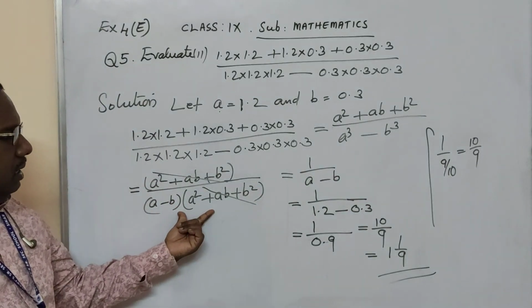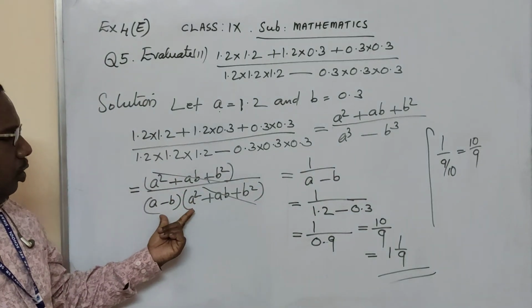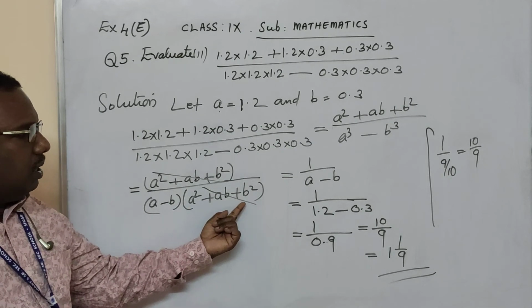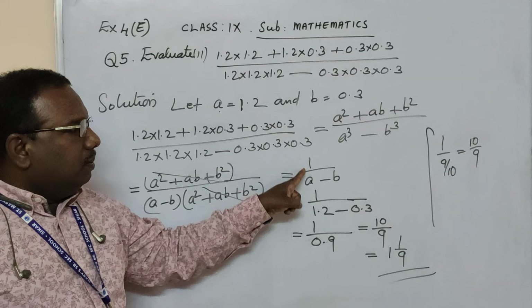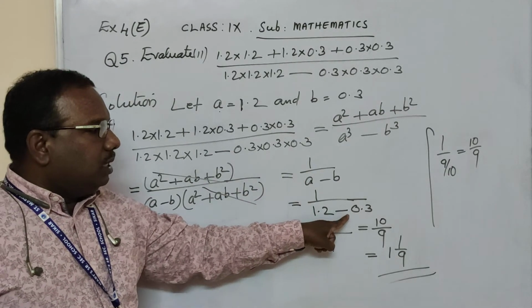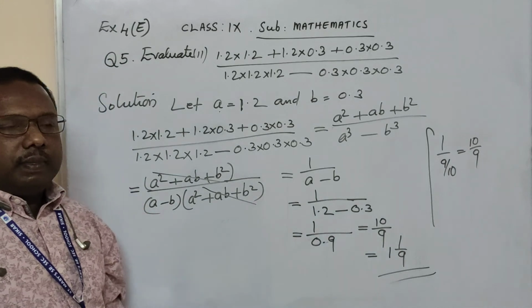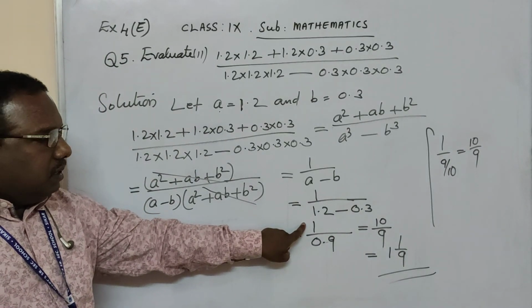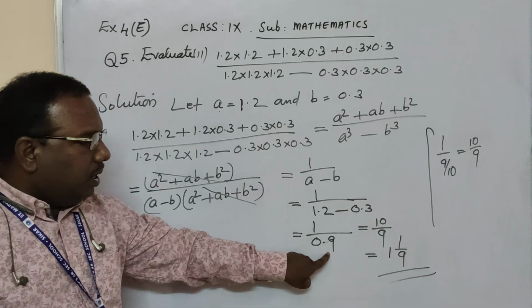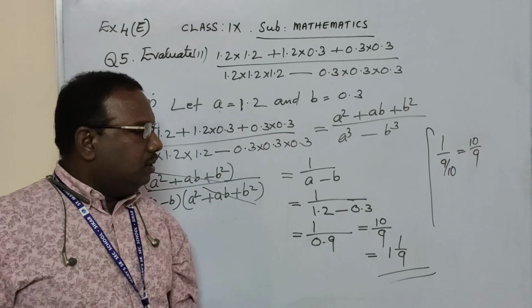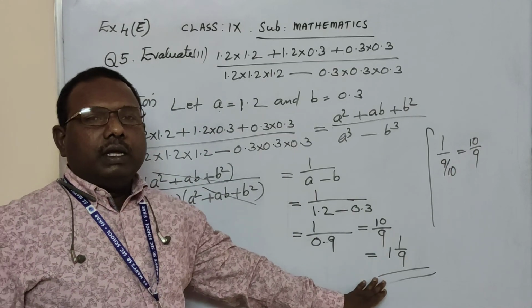After applying identity, denominator becomes A minus B into A square plus AB plus B square. Then after cancellation, it becomes 1 upon A minus B, 1 upon 1.2 minus 0.3. And this after subtracting, we get 1 upon 0.9 equal to 10 by 9. Okay, this is the required result.